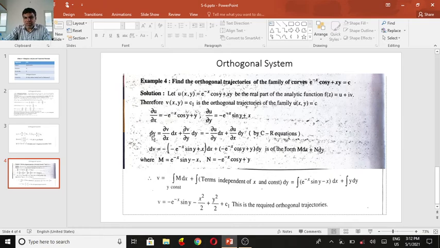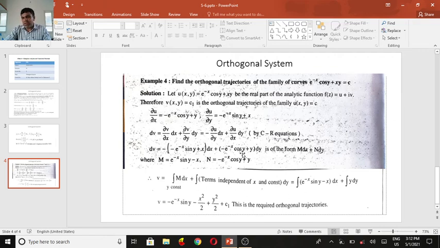So we are integrating the right hand side. The integral of dv becomes v. v is equal to the integral of M dx plus the term not containing x in N. So we write the term independent of x, times dy.